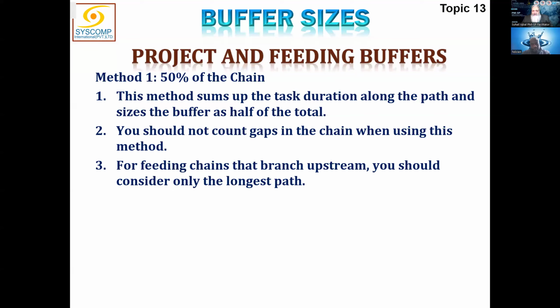But because people do have unrealistic estimates created, like padding done, keeping that into consideration, one method is cut everything into half. Cut every activity duration into half and take the half under the patronage of the project manager as a buffer.